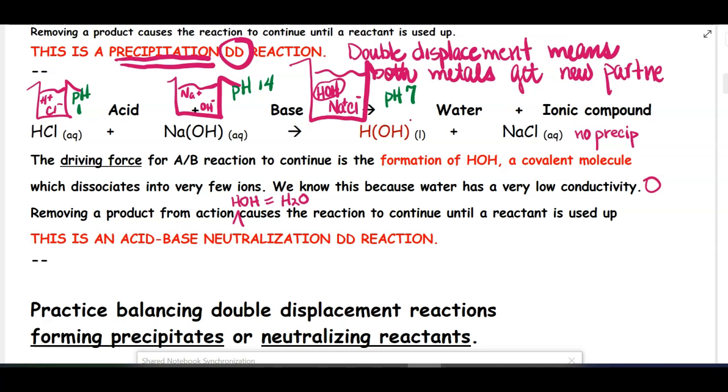I have some pH paper that changes color depending on what the pH is, and then you can read the pH off of charts. So be sure to put those pH amounts. Acids have a very low pH. Bases have a high pH. What kind of pH do bases have? A high pH.